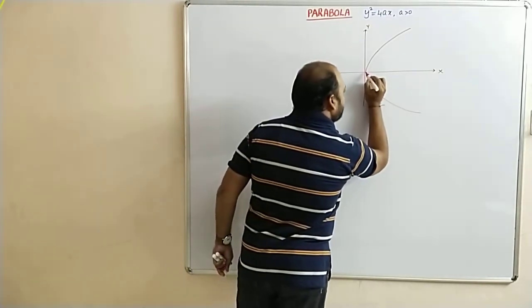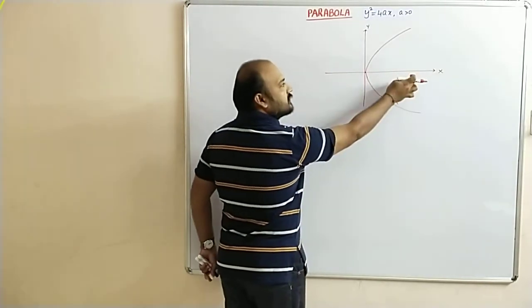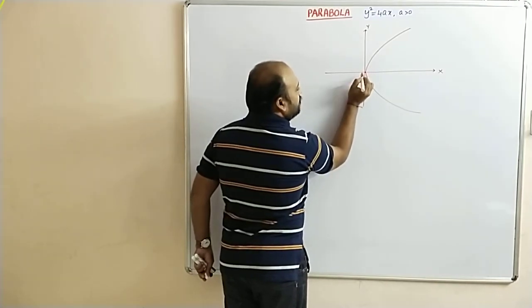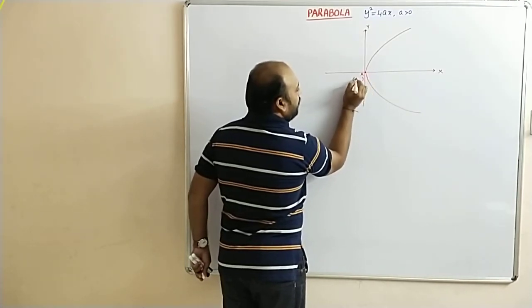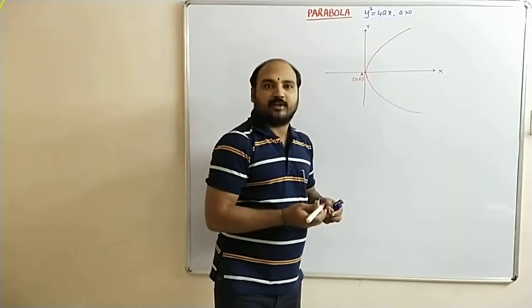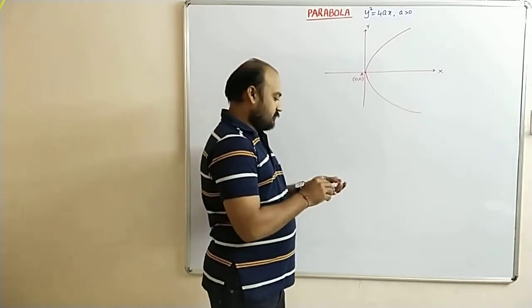The curve meets the x-axis and y-axis. So this is A. The point of intersection of the x-axis and y-axis is the origin. We know that.